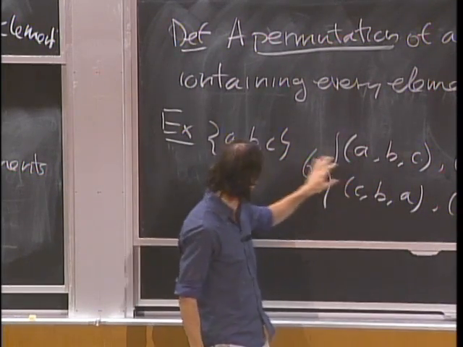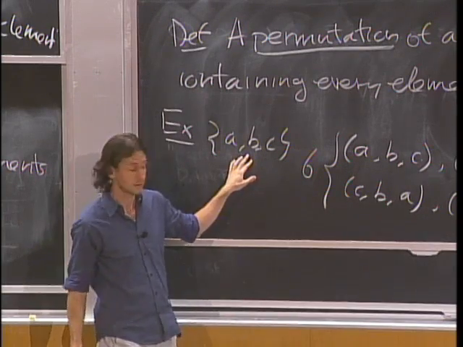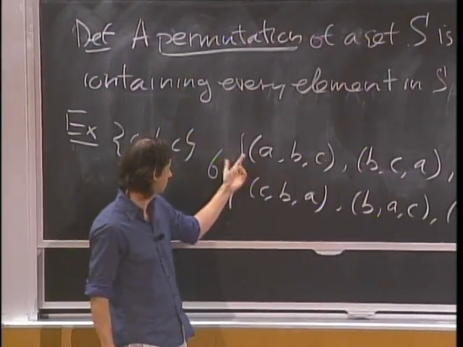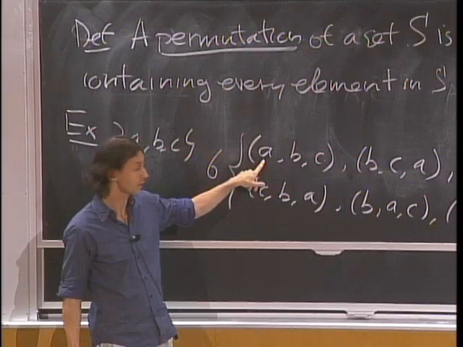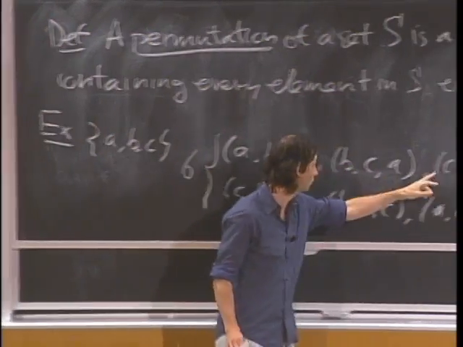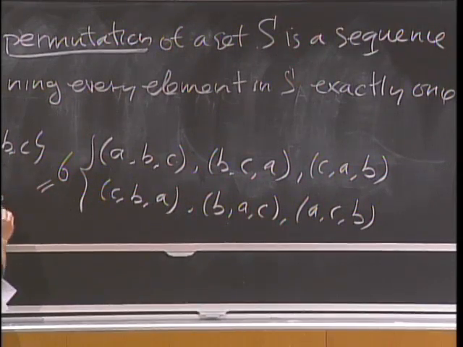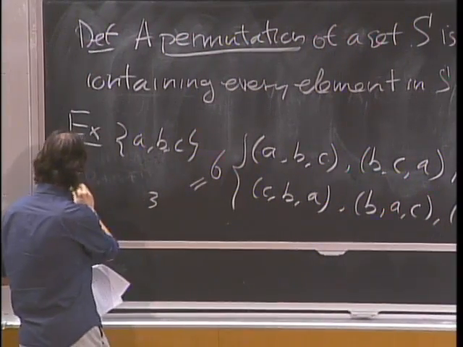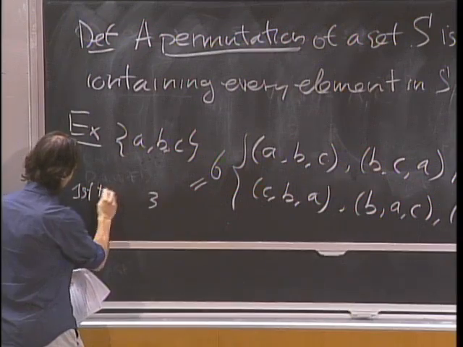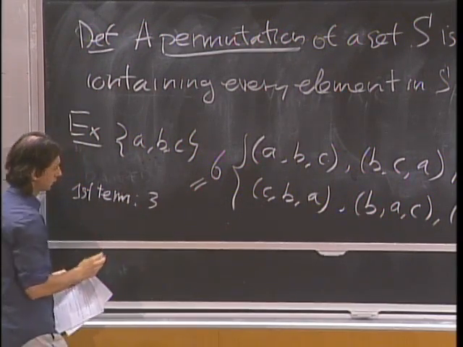If I want to create a permutation of a set, I may start off by selecting for the first term A, B, or C. So I have actually 3 choices. So the first term has 3 choices.